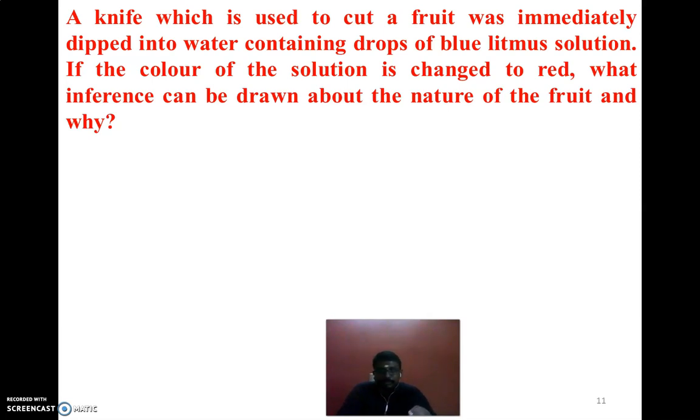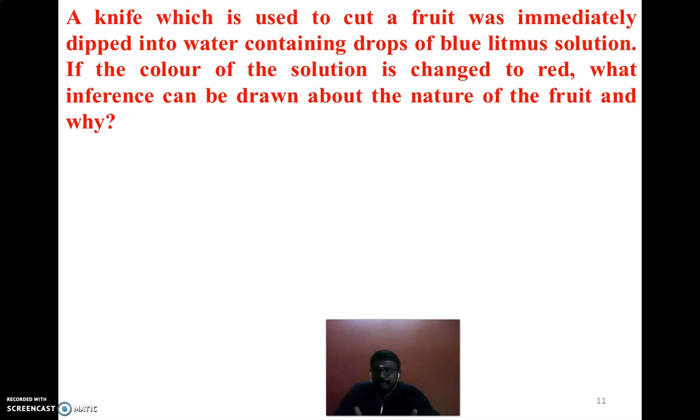So what inference can be drawn? What happens when blue litmus solution is dipped in acid? It will change to red. So we can say that the fruit contains acid.